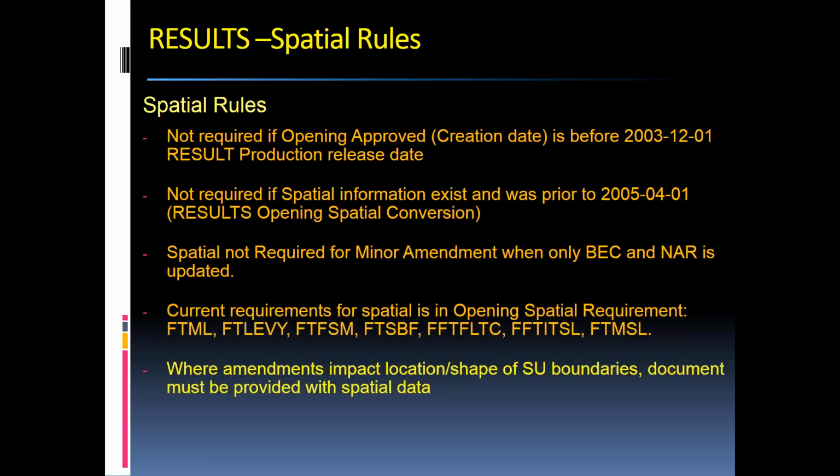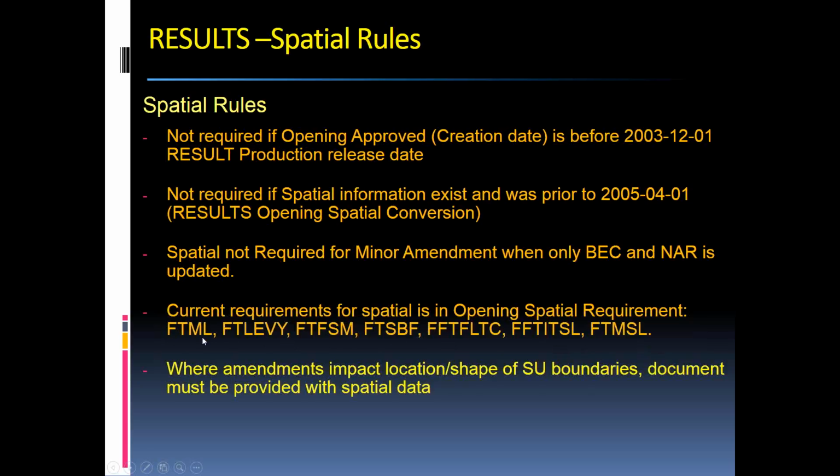And so moving forward, because we have this mandatory spatial component, mandatory ESF component now for all new records, any openings that have these opening category codes, and so anything that has an FT prefix is an open forest tenure opening category, and so it depends if it's a major licensee opening, a forest land management fund, FT levy, FSM is, it's basically ones that are non-replaceable forest licenses, BCTS, and there's some Forest for Tomorrow ones.